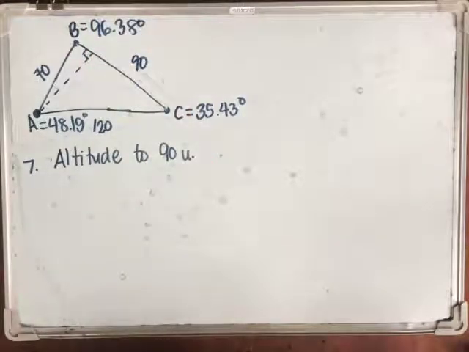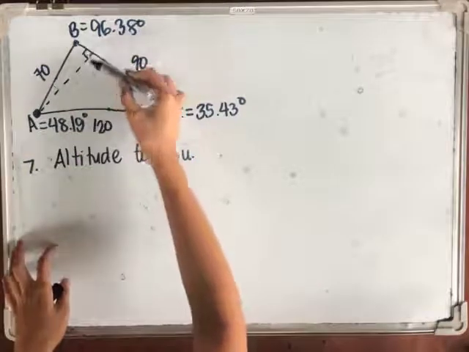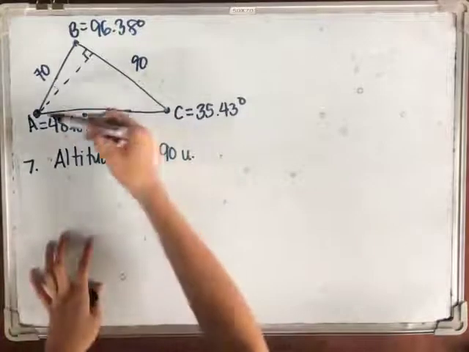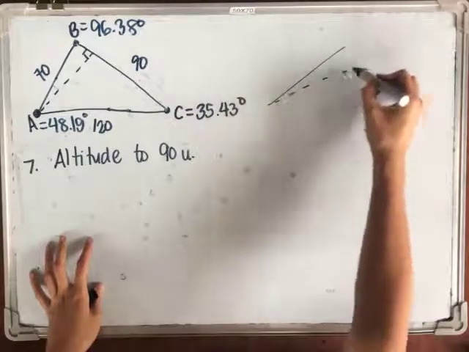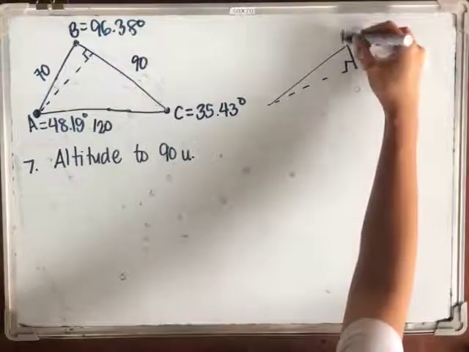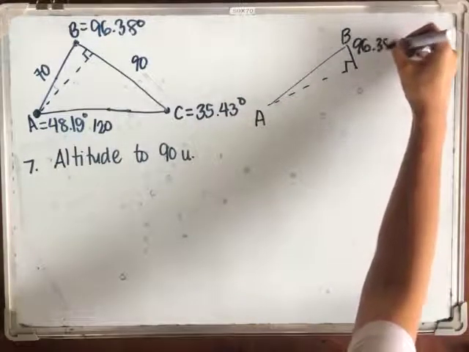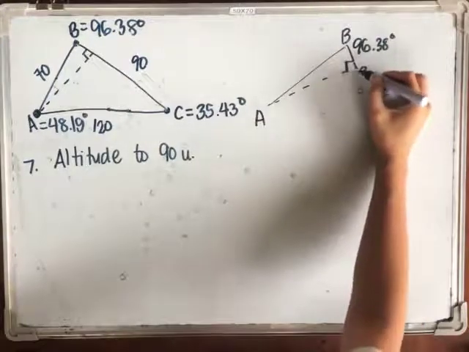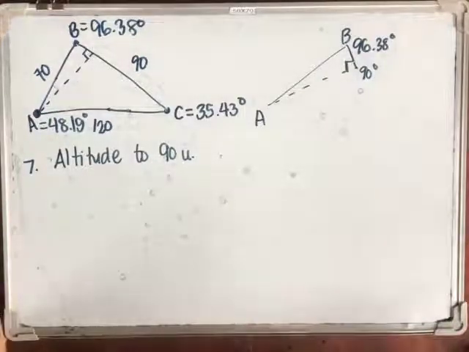You may wonder, ma'am, is it possible that the 90 degrees and the altitude are inside? If we check the angle, if I draw this side, there it is. And you can see this is point B and this is point A. This one is actually 96.38 degrees. And if this is 90 degrees, our drawing now exceeds 180.